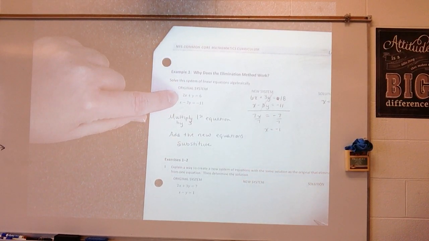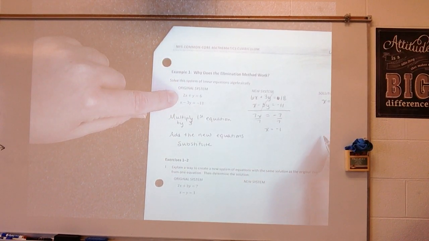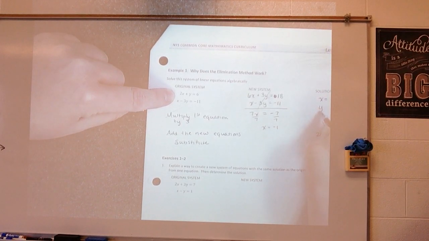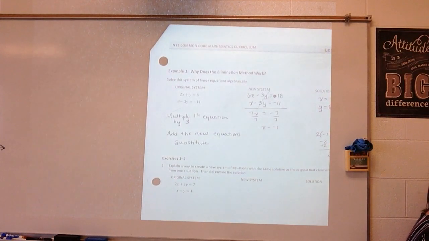It doesn't matter which one I do it to. So 2 times negative 1 plus y is equal to 6. So I get negative 2 plus y is equal to 6. I'm going to add 2. Y is equal to 8. And there you go, there's my answer.